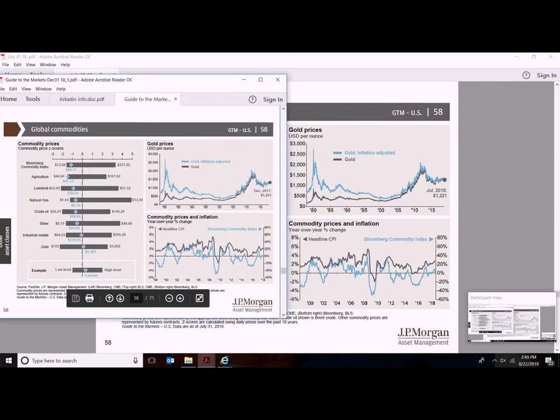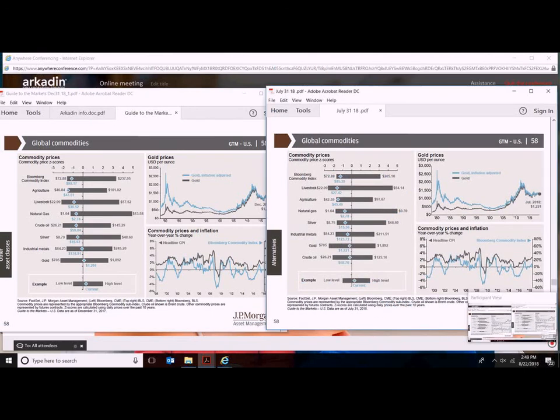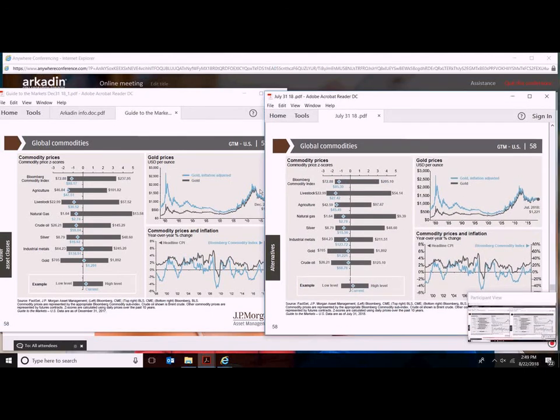But what's interesting is now I'll pull up my December 31st and jump over to slide number 58, I think. Yep. So when you compare the two, you can definitely see that commodity prices have started to shift. And just looking at the overall Bloomberg Commodity Index, we're currently at 85.39.